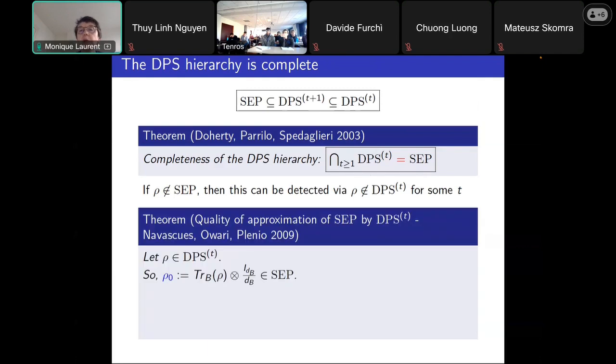And the description of DPS_T is by means of linear equations and positive semidefinite conditions. So this is an SDP set.